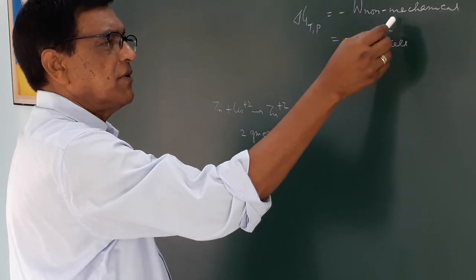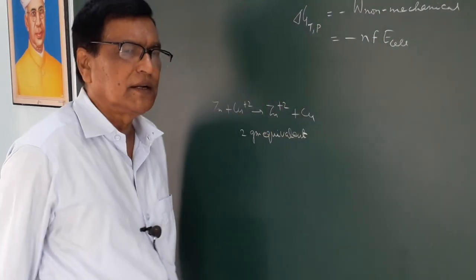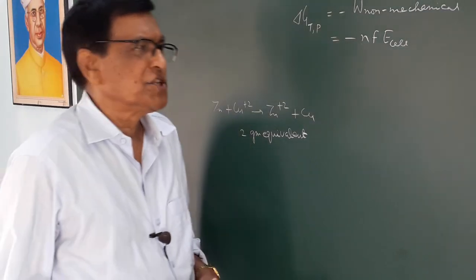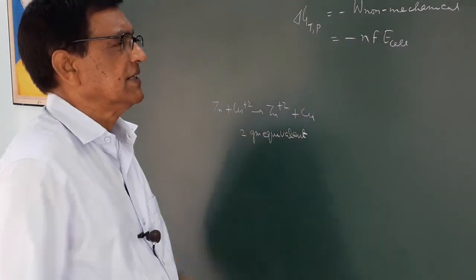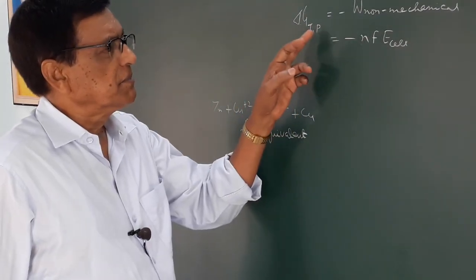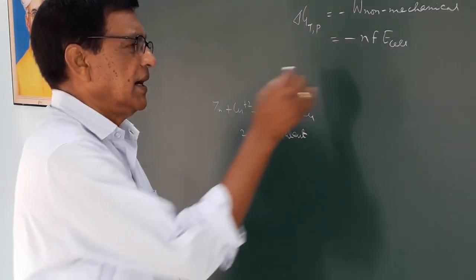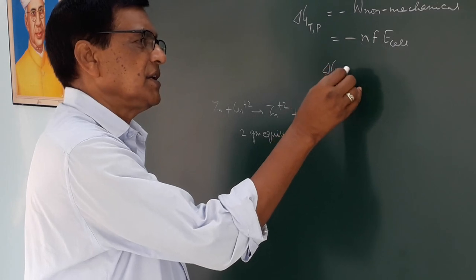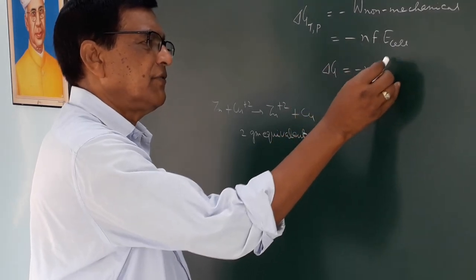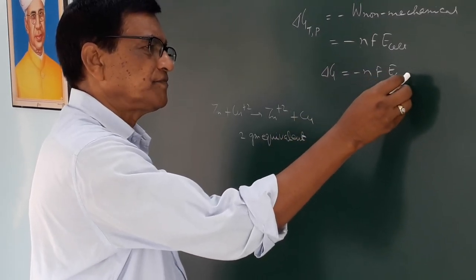So this is the amount of non-mechanical work done by the cell, at constant temperature and pressure, which is already implied, and so we write delta G equal to minus nF E cell.